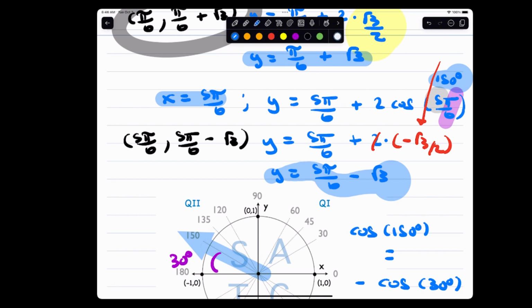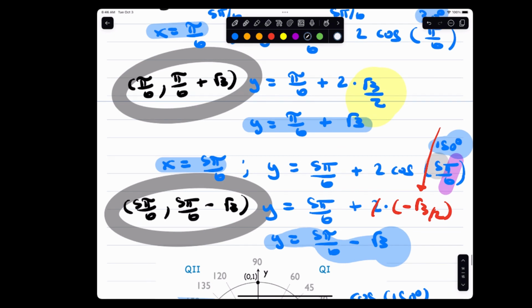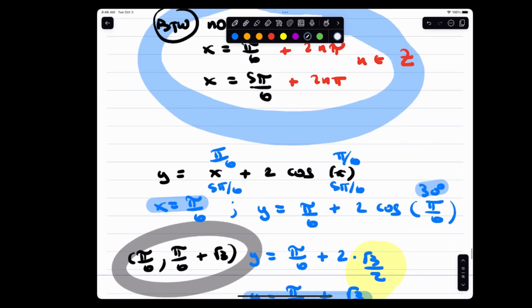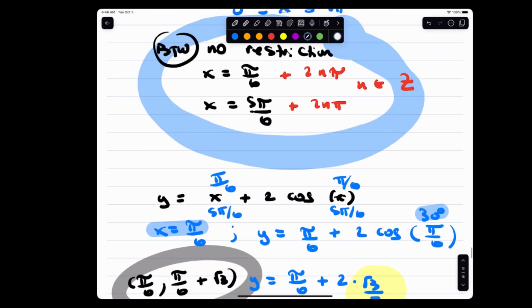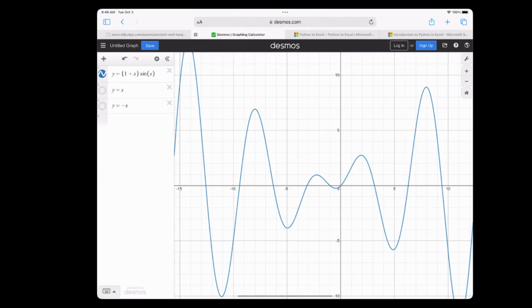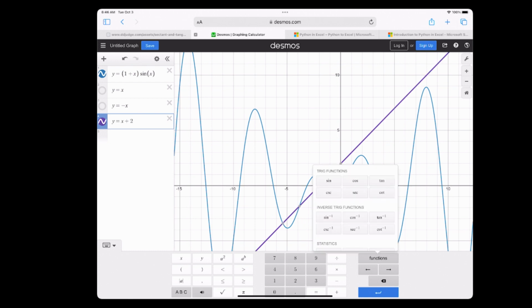There it is. Easy peasy, lemon squeezy. What is this curve? It's x plus 2 cosine, right? So in Desmos, you might say y equals what? X plus 2 cosine.